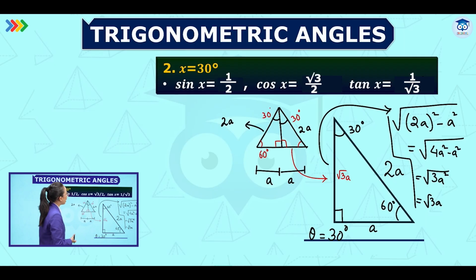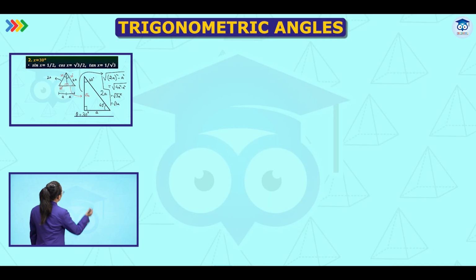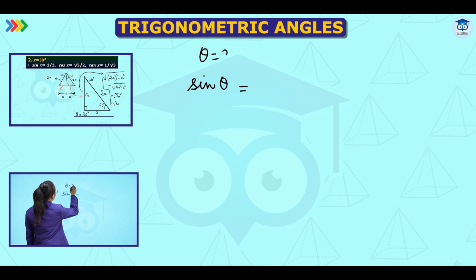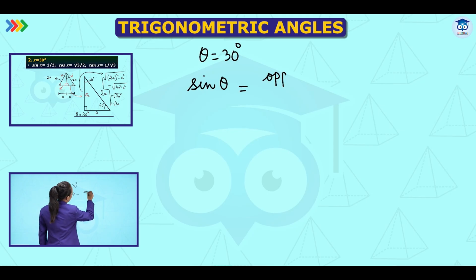So now we have all the sides, so we can define the sine, cos and tan theta. Let's define sine theta. Theta is 30 degree for now. To define that we require opposite upon hypotenuse.